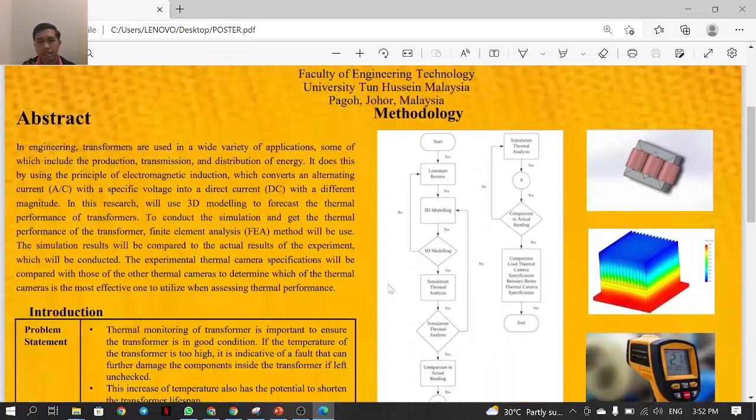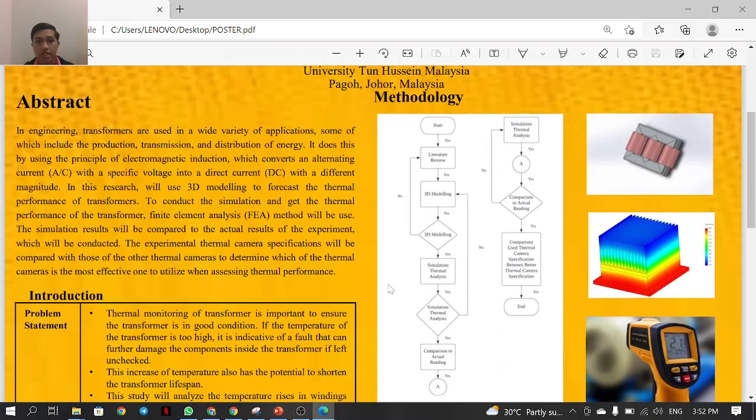And for the methodology, on the flowchart, we can see we begin with the literature review and do the 3D modeling and continue to the simulation, thermal analysis and comparison to the actual reading on the site visit. And for the site visit, we will compare the thermal camera that was used on the site visit to other thermal camera specifications that are better than the site visit thermal camera.